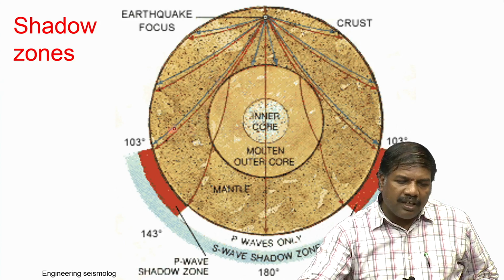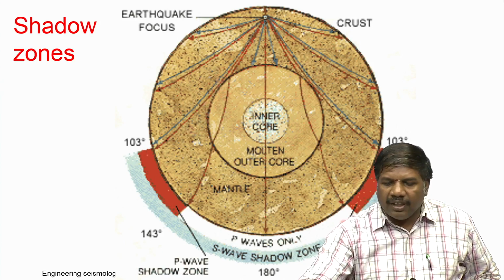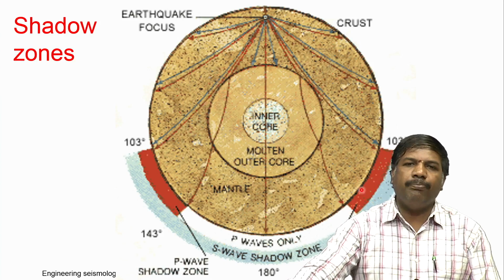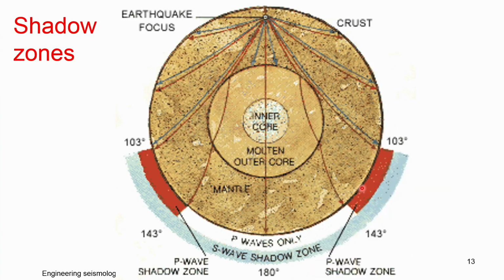You will not receive the P wave on this side as well as this side. This zone is called the P wave shadow zone. Similarly, you will not receive the S wave beyond 103 degrees, this entire location. That location is called the S wave shadow zone.